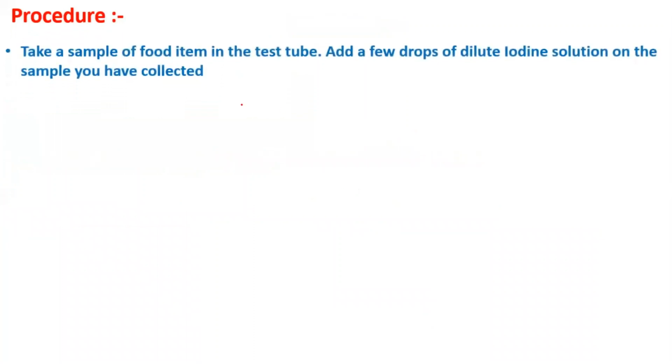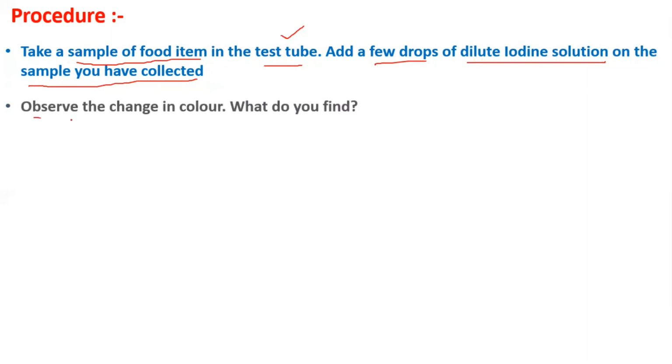Procedure: take a sample of food item in a test tube. Add a few drops of dilute iodine solution on the sample you have collected. Observe the change in color.